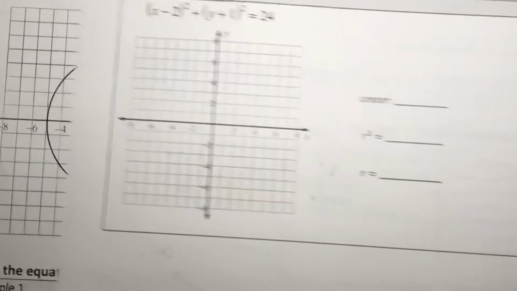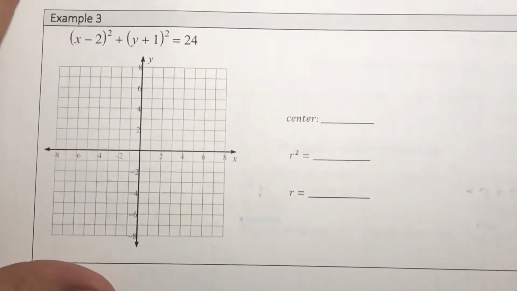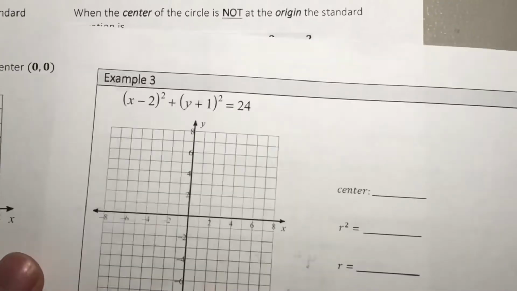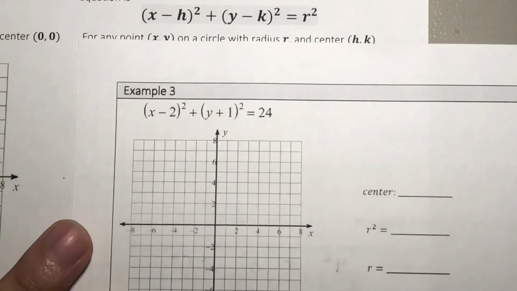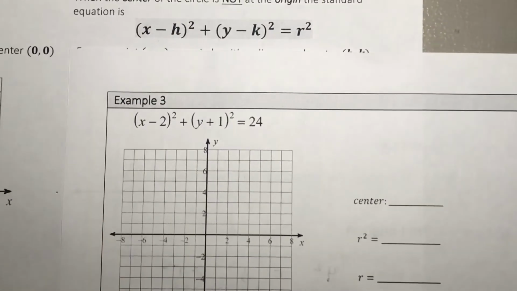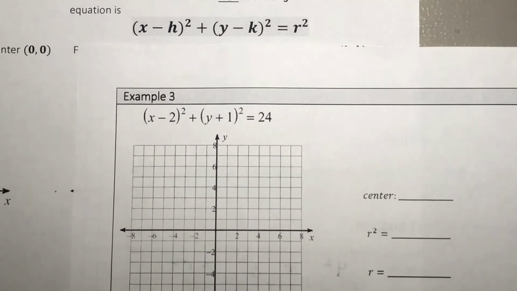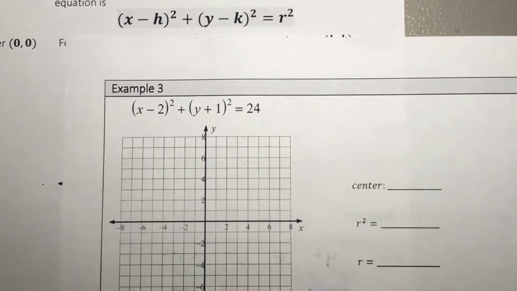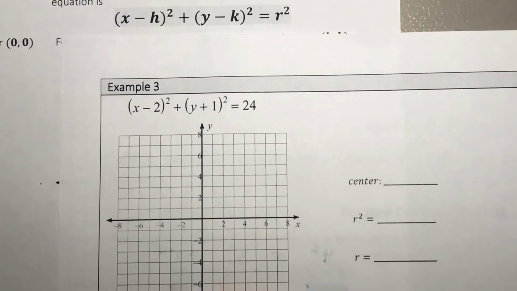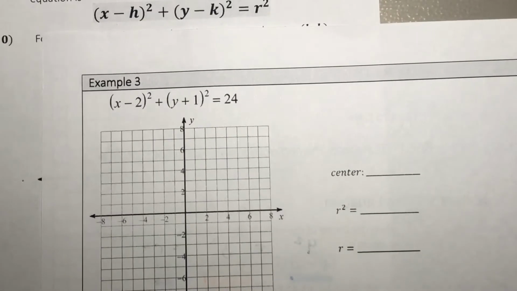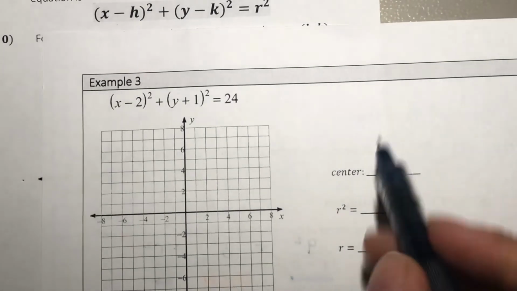So there's a third example on the back side. I want to be showing the general equation back there to help us with this third example. The first thing that we want to do is identify the center.